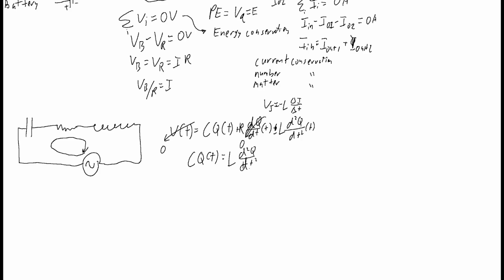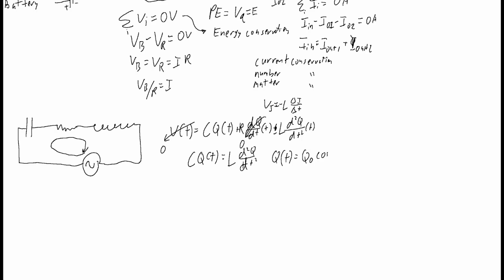Oh, there we go. This can be solved out, and we can find that Q is a function of time. So it shows an oscillating circuit here, an oscillating charge.